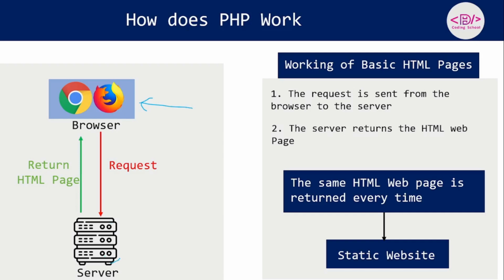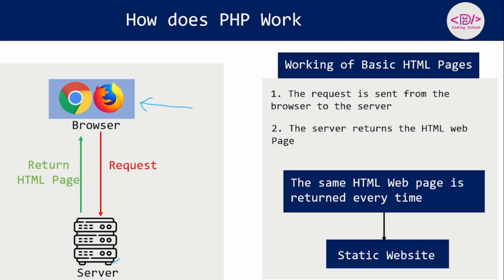By the way, a server is any machine, or just the computer, where your files or your website are seated online. The browser sends a request to the server, and then the server returns the HTML page that is stored there back to the browser.